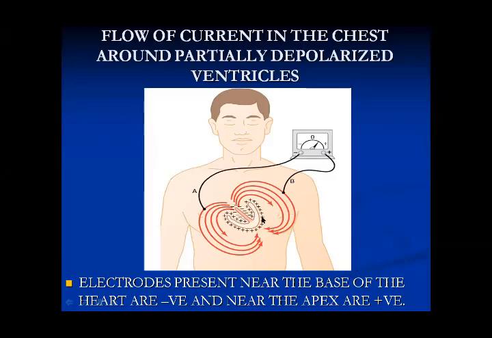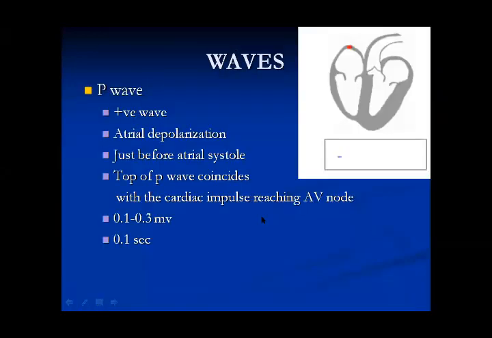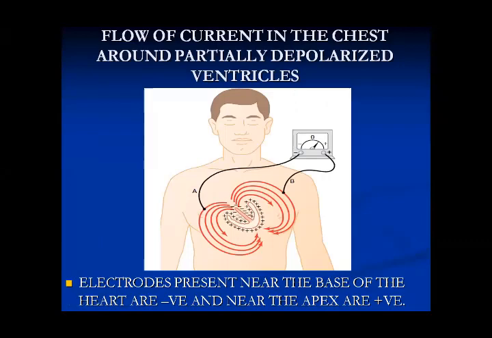Now, if once again we look at the position of the electrodes, this A electrode, which is a negative electrode, is placed much closer to the negative area. It is much closer to negative as compared to the B electrode, which is placed much closer to the positive area. So the A electrode, the negative electrode, is placed close to the negative area, and the B electrode, the positive electrode, is placed closer to the positive area.